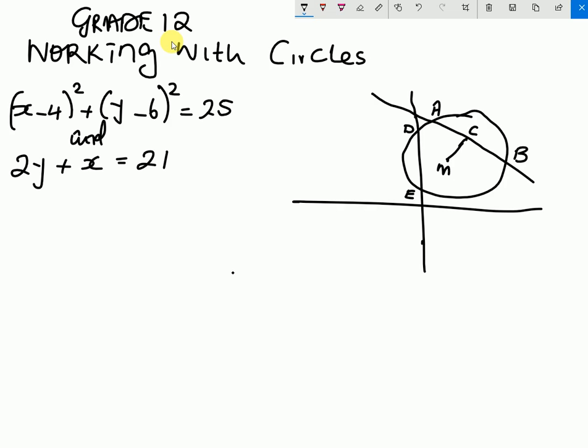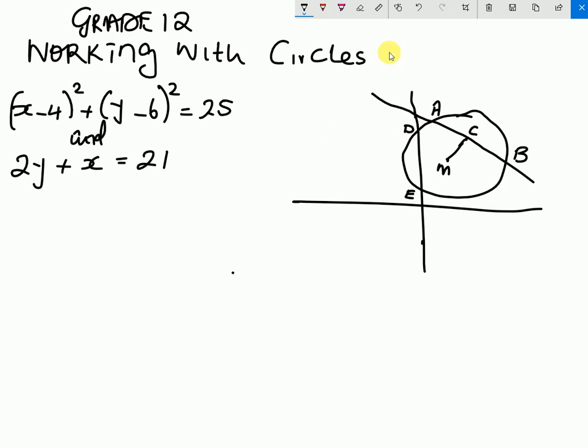Let's take, for instance, that you are given this figure, a circle graph represented by the circle equation. You see this circle equation here, and the straight line represented by this equation here, intersect at A and B.